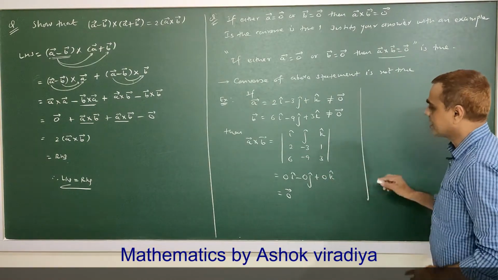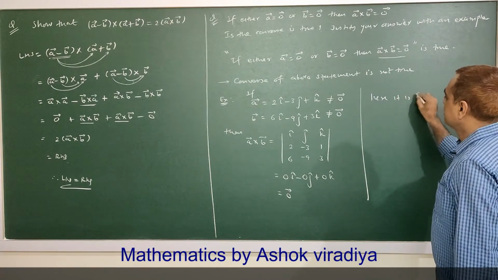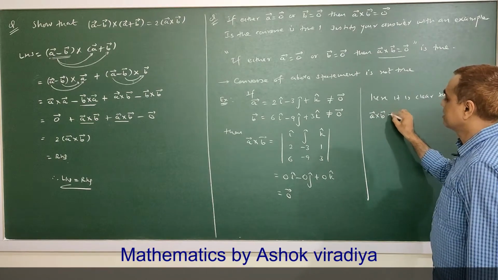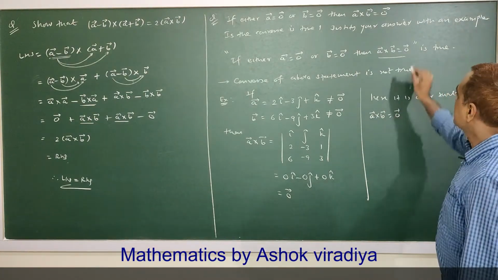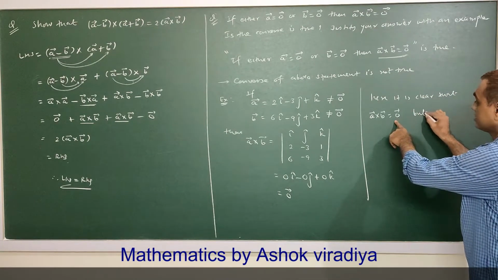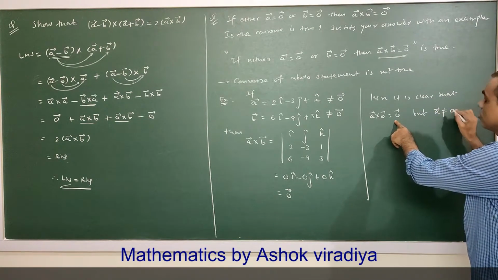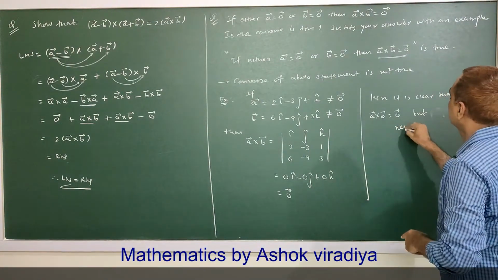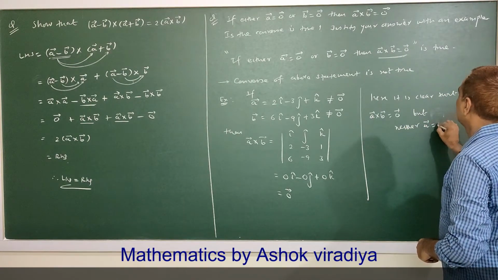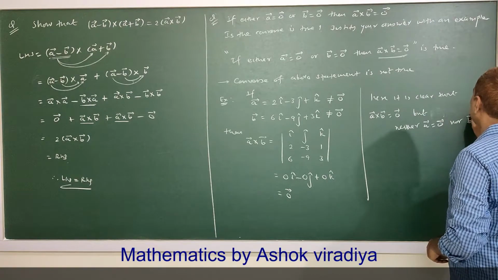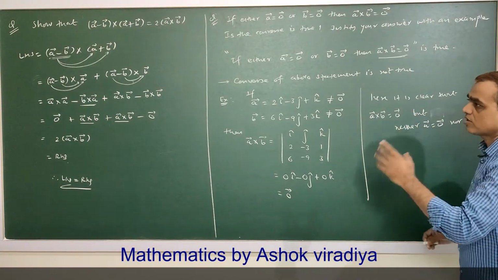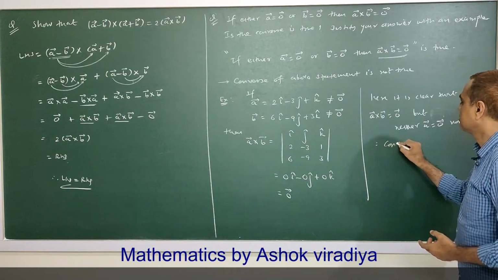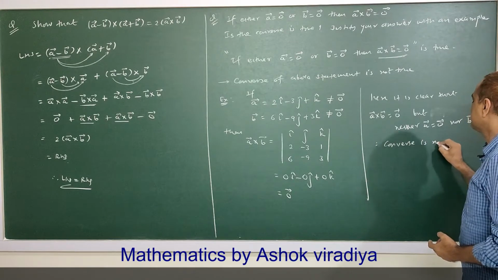So here it is clear that A cross B is 0 vector, but neither A is 0 nor B is 0. So therefore the converse is not true.